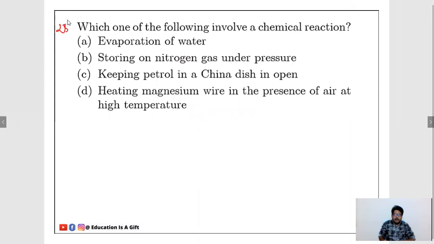25th. Which of the following involves a chemical reaction? Chemical reaction in the sense which should not be reversed back. It should be irreversible, and always a new product should be formed. There are some properties, right? If you remember, property number 1, always a new substance is formed.